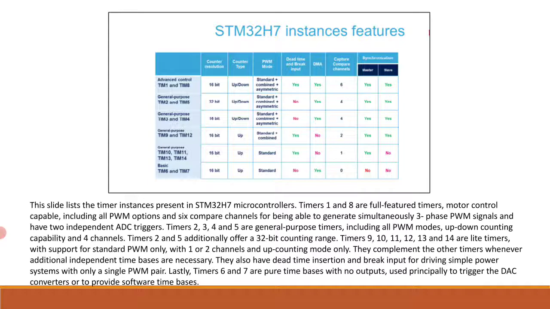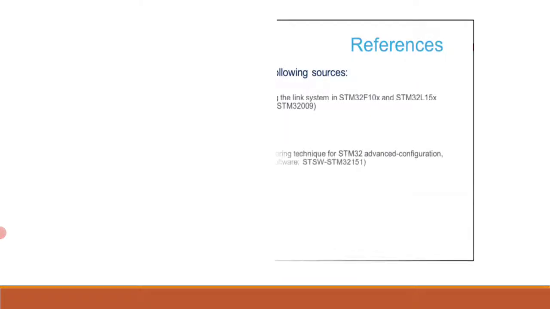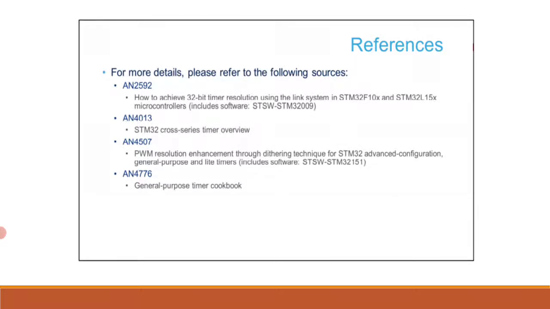After going through this table, for more details please refer to resources like AN2592, AN4013, AN4507 and AN4776 references: how to achieve 32-bit resolution using a link system in F10x and L15x, cross series timer overview, and PWM resolution enhancement and GP timer cookbook.